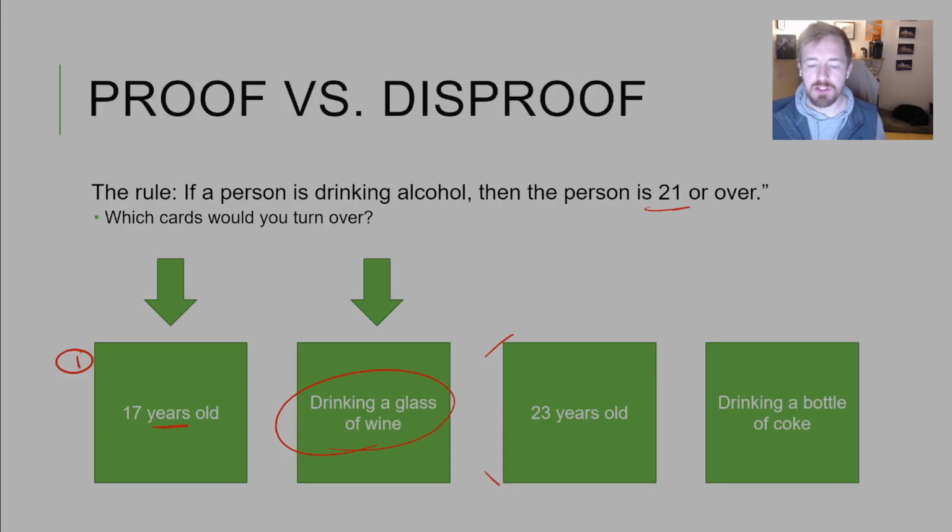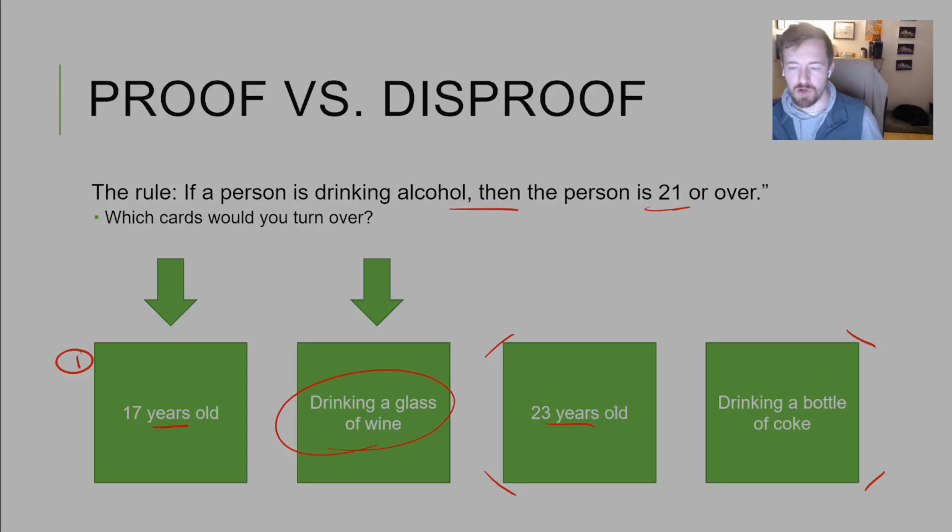Whenever I give examples like this in an in-person class, people will be like, wait a second, I chose these, how come these are not correct answers? Here's why. So, 23 years and older, if you flip this over, and there is, let's say, someone drinking alcohol, what does that mean here? Okay, it just reconfirms this. That's fine.